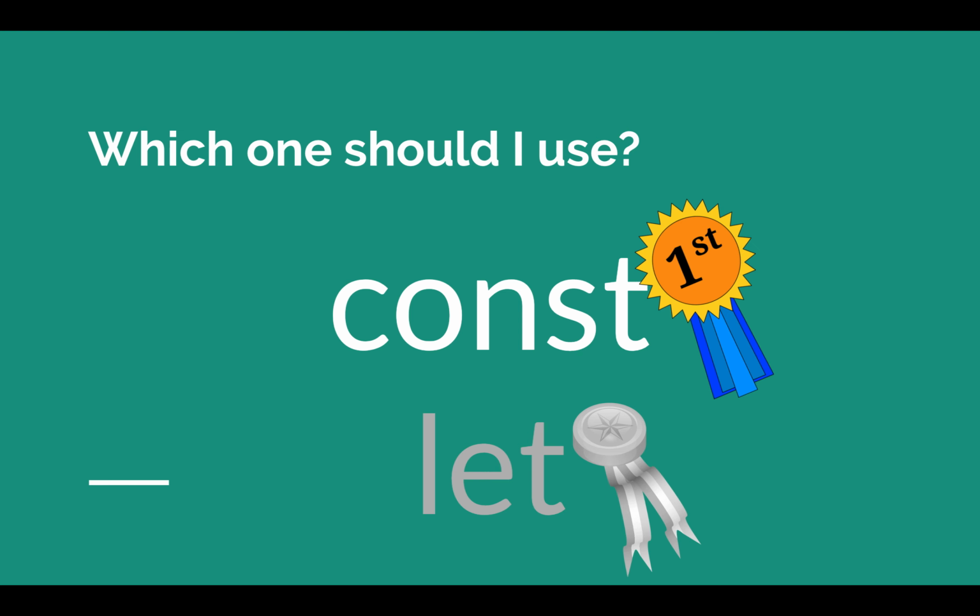If you say const, then you're declaring to the computer that this will never change, which means that if there is code that later on changes it, the computer will give you an error, which tells you that either you've made a mistake, you're trying to change something you shouldn't have, or in fact, you really need to change it, in which case you should change the const to a let. So that's why I give these first and second place. Write everything with const first and change it to a let only when it needs to be changed.